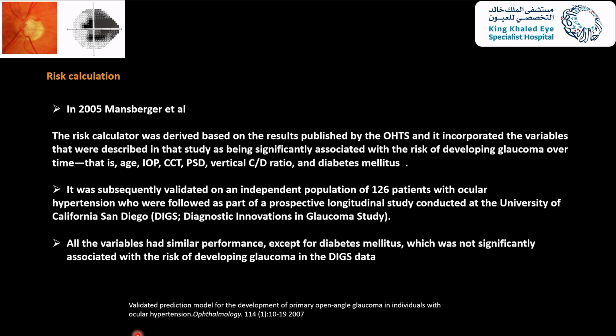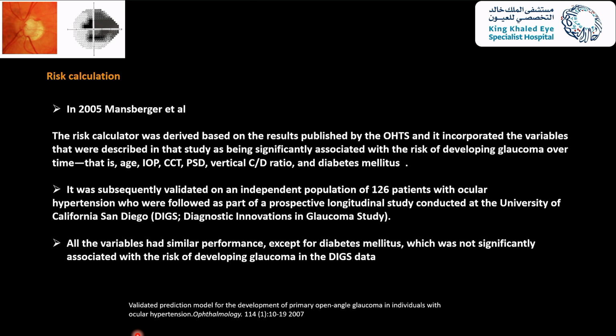They put specific points based on both studies. First they put age, intraocular pressure, corneal thickness, pattern standard deviation, vertical cup to disc ratio, and diabetes as a protective factor in the Ocular Hypertension Treatment Study.